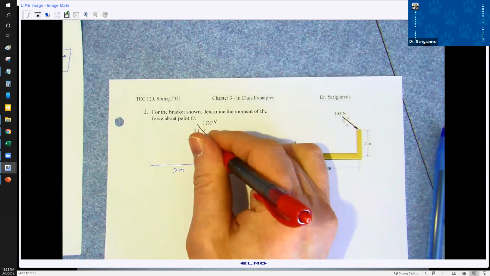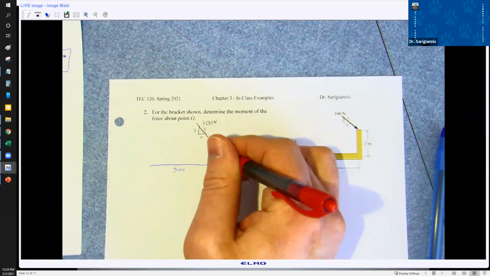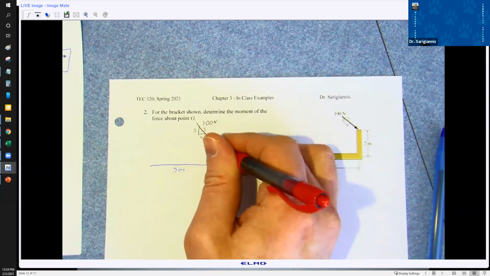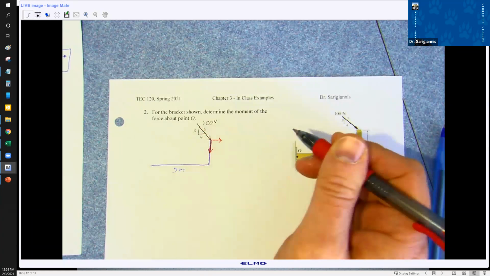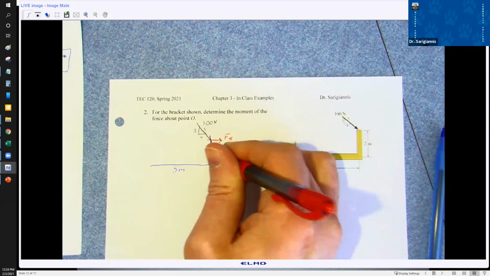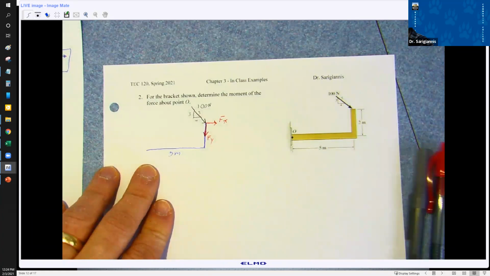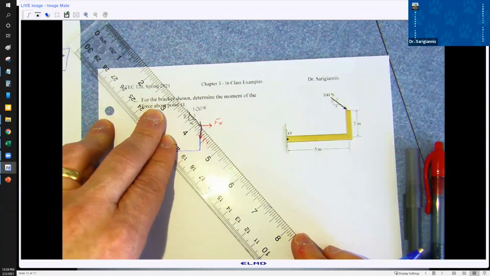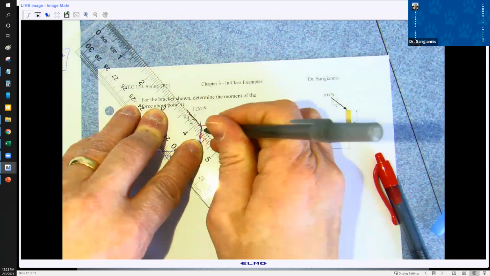Over here, I'm going to do the breakdown at this point because, again, it doesn't matter if you have an X and a Y this way or an X and a Y over here. So I'm going to draw these like this. And I'm going to draw the line of action through this so we can see how it goes.